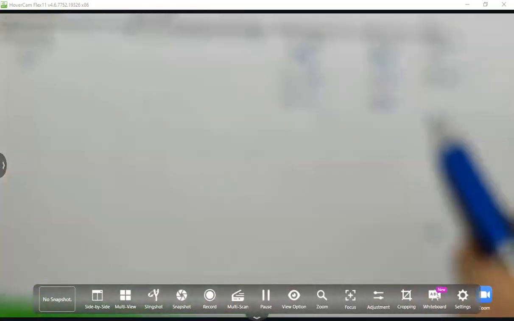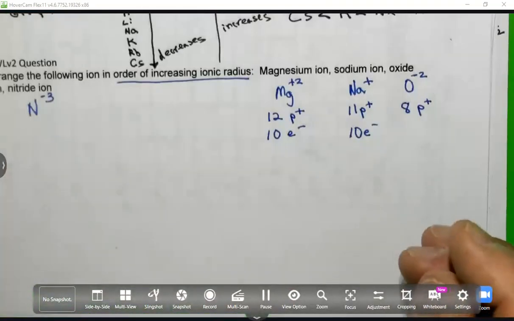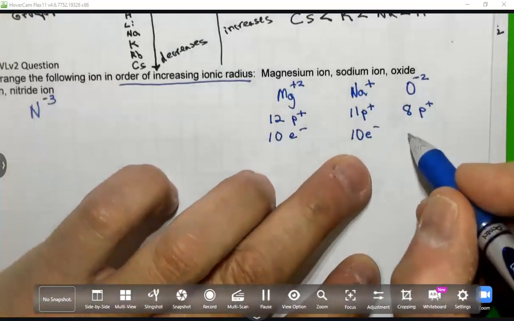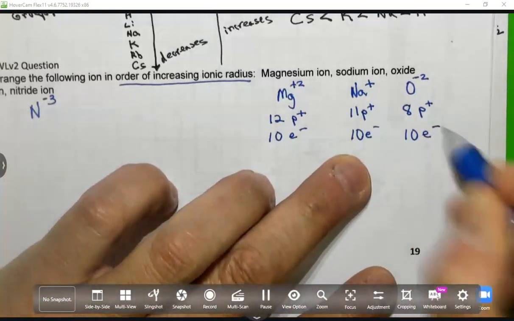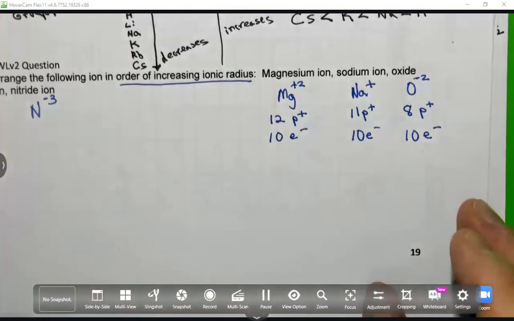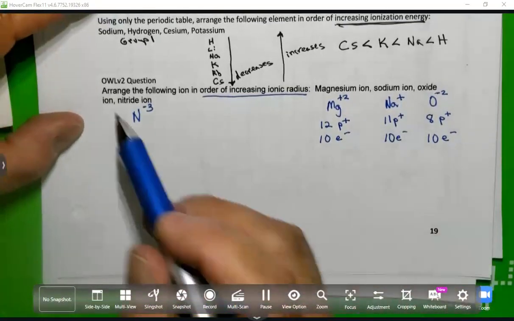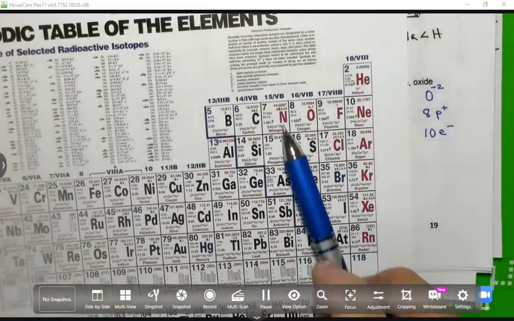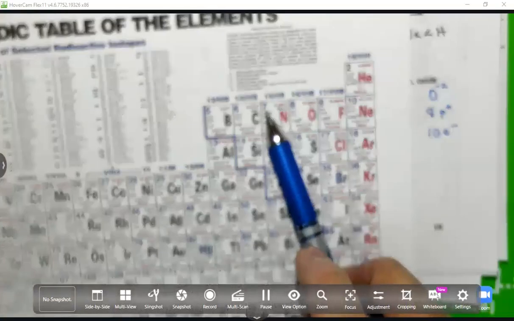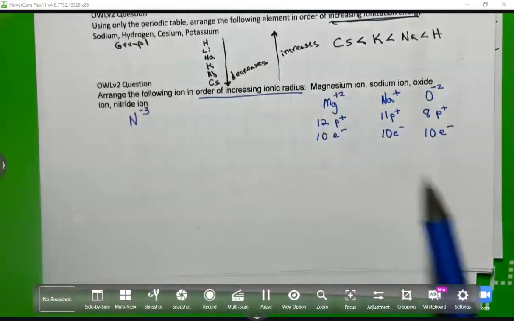Oxide. How many protons? 8 protons. How many negative electrons? Come on here, 10. Nitride, nitrogen here: 7 protons with a -3 charge.